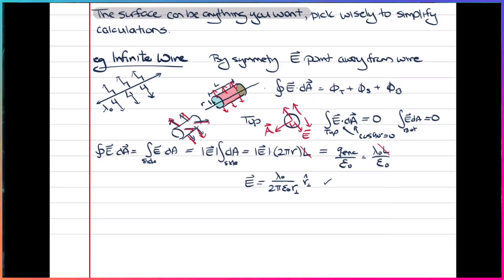Because again, the line of charge is essentially a line of sources where the electric field can emerge from. And we're essentially just accounting for all the sources that are kind of within a particular cylindrical volume.